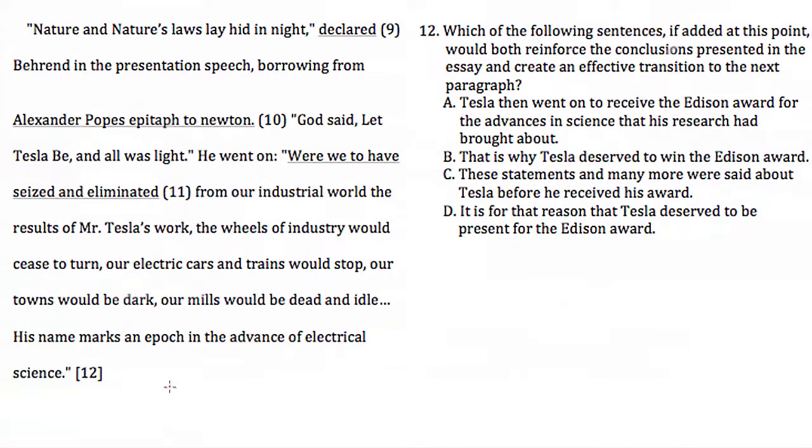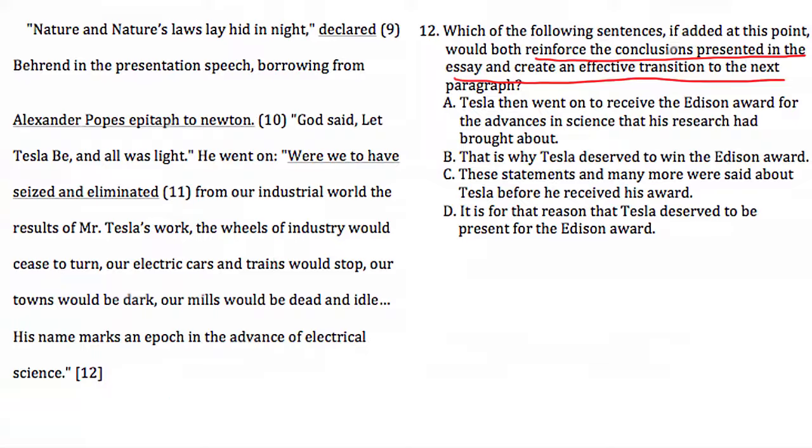Now question 12 on this worksheet is at the end of this paragraph, but it's a little bit different. It's asking us which of these sentences would reinforce the conclusions presented in the essay and create an effective transition to the next paragraph. Well, this paragraph is talking about the benefits of Tesla's contributions to science.